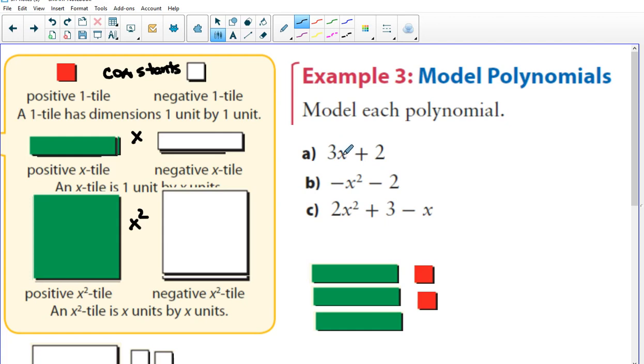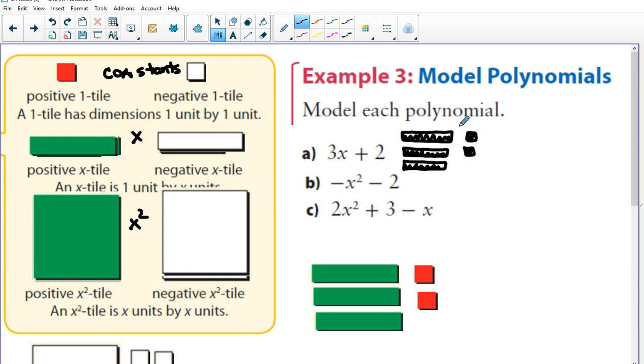So 3x. 3x, they're positive, so I will draw 3 x tiles and I will shade them. And plus 2, these are constants, so I will draw in 2 positive constant tiles.